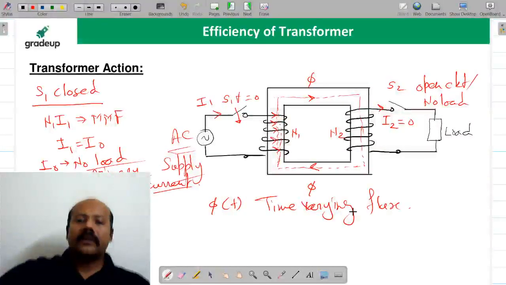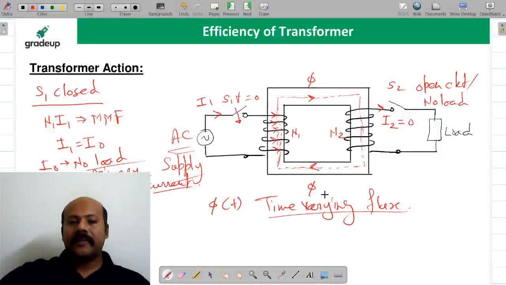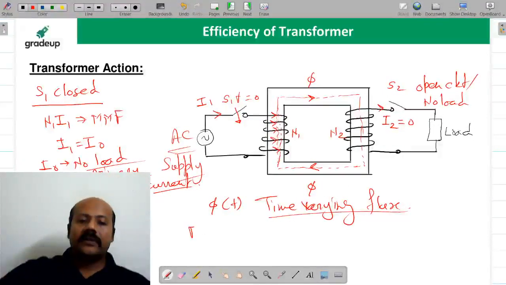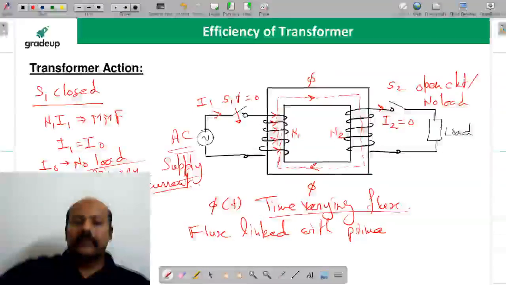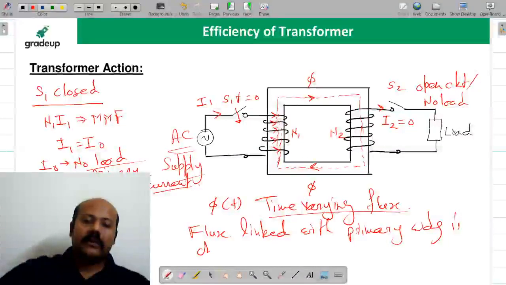Now when this flux is time varying, it means the flux linked with the primary winding is changing with respect to time.